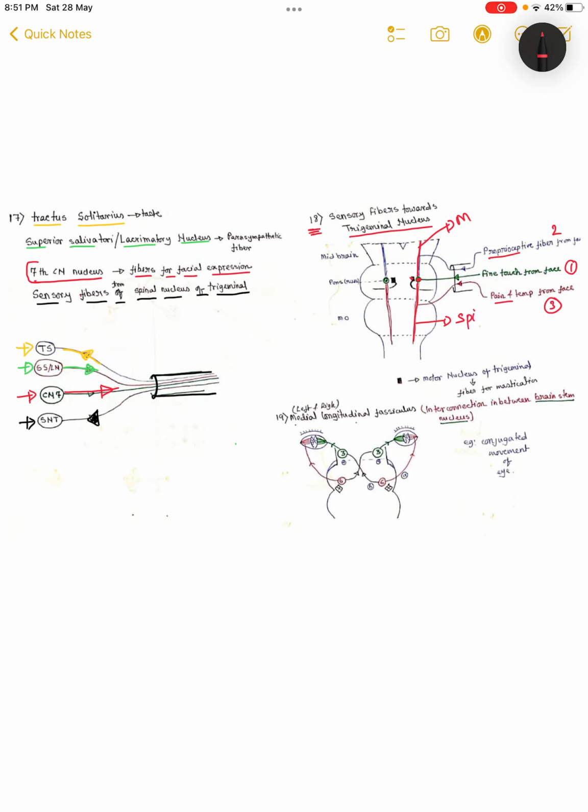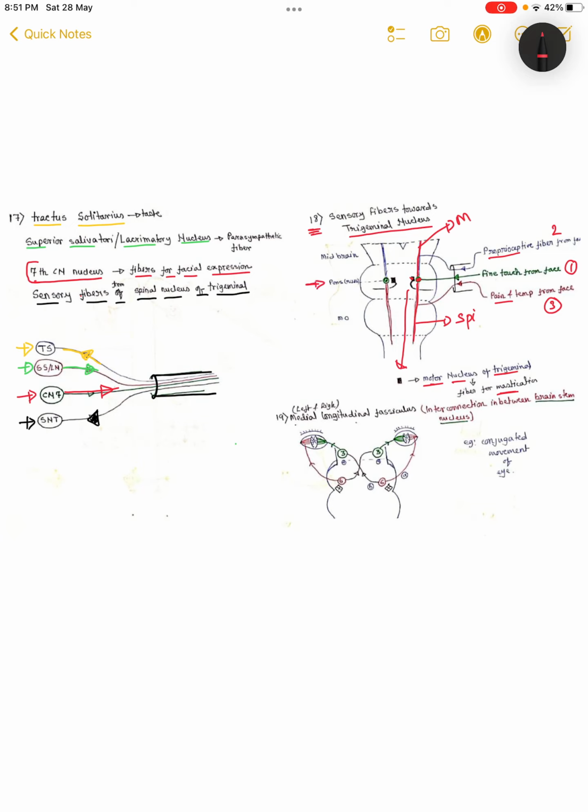Why is this spinal? Spinal, see, it's going towards the spinal cord. That's why it is spinal. Okay, remember like this. And this black nucleus, you see, this is the motor nucleus of the trigeminal system, and it helps for mastication. Claro?